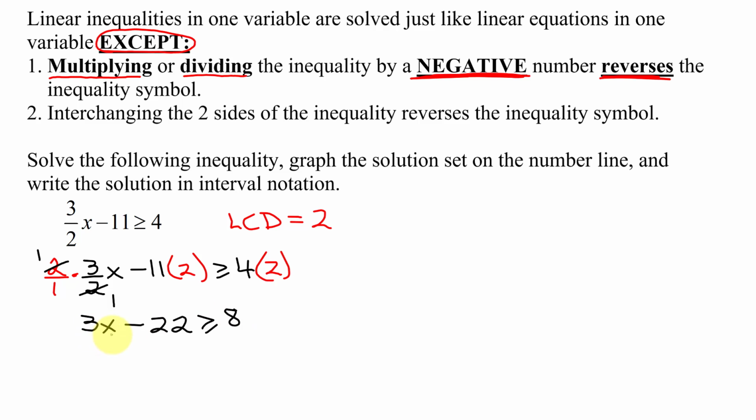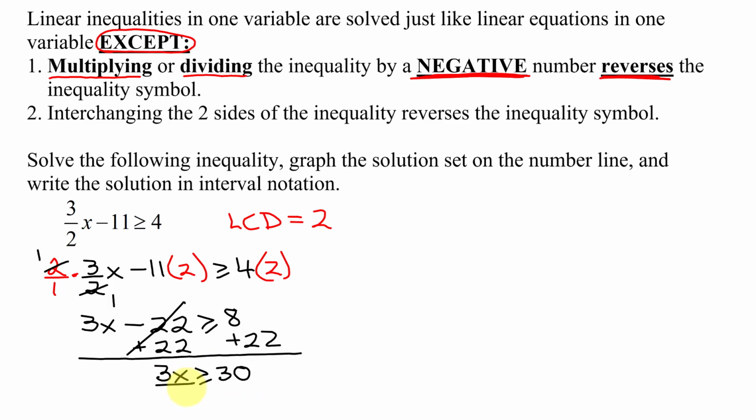Now to isolate the x term on the left-hand side, I'm going to have to add 22 to both sides of this inequality. And adding and subtracting numbers to an inequality doesn't change the inequality symbol. So I get 3x, negative 22 plus 22 adds to 0, is greater than or equal to 8 plus 22 is 30.